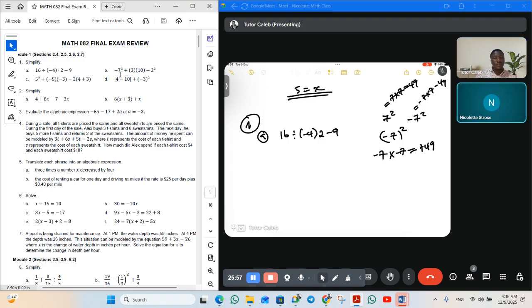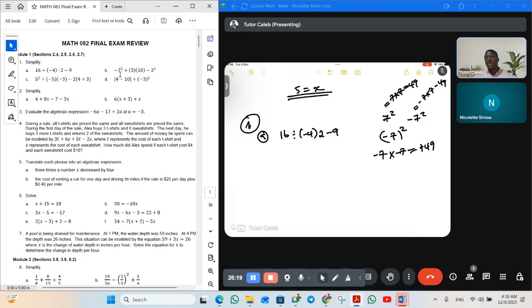So the one that's in the parentheses, you keep the negative. Everything in the parentheses you have to multiply times itself. So you get negative 7 times negative 7. And since a negative times a negative gives a positive, that's how you get positive 49.